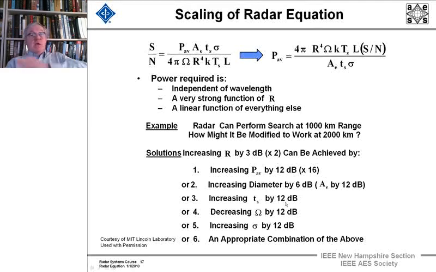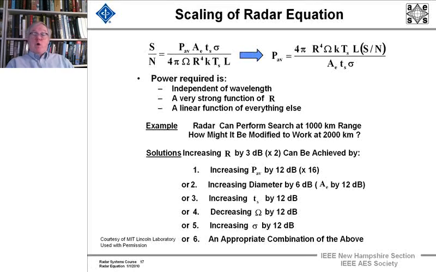That means that the antenna is going to go through that space. It's going to take a lot more time to go through space. So you're not going to get as many potential detections on your target as you would. Or decrease the solid angle you're looking at by 12 dB, or increase the size of the cross-section you're willing to see.